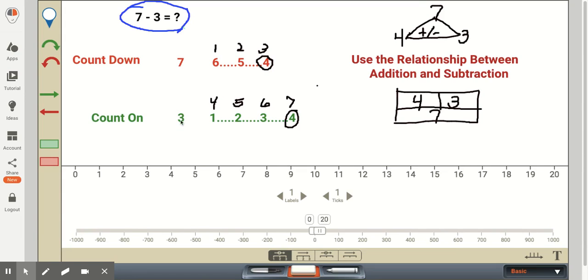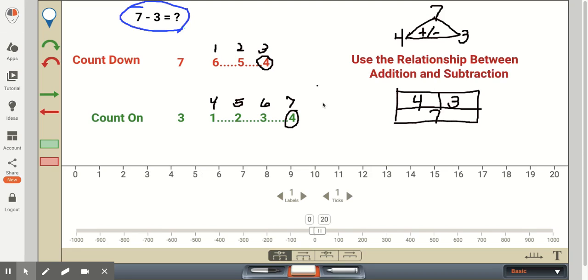Starting at 3, 4 is 1, 5 is 2, 6 is 3, and 7 is 4. Or looking at it on the number line, starting at 3, our students are counting on 1, 2, 3, 4. So the difference between the 7 and the 3 is 4.